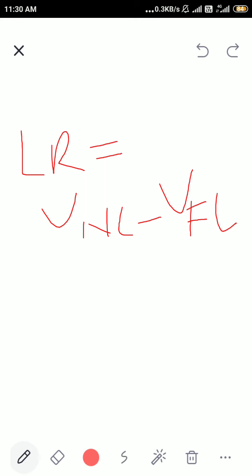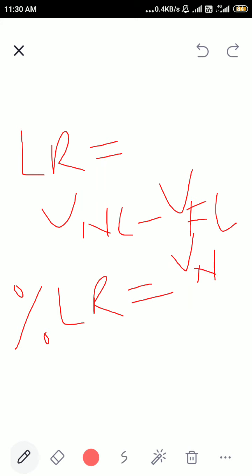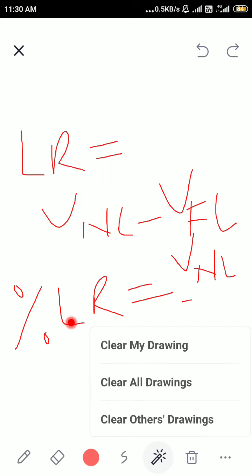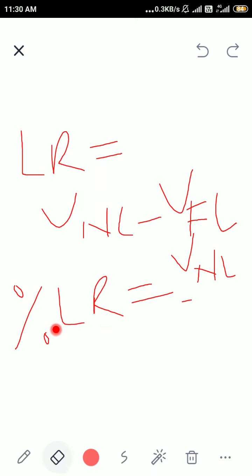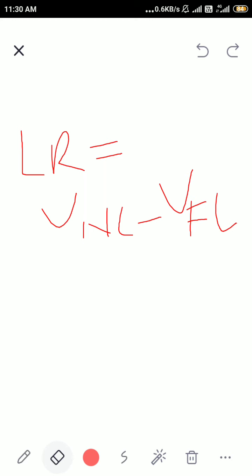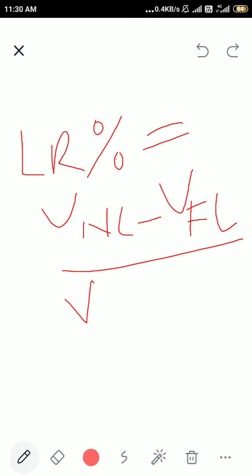If we consider the percentage of load regulation, then the percentage of regulation is equal to VNL minus VFL upon VFL, into 100.